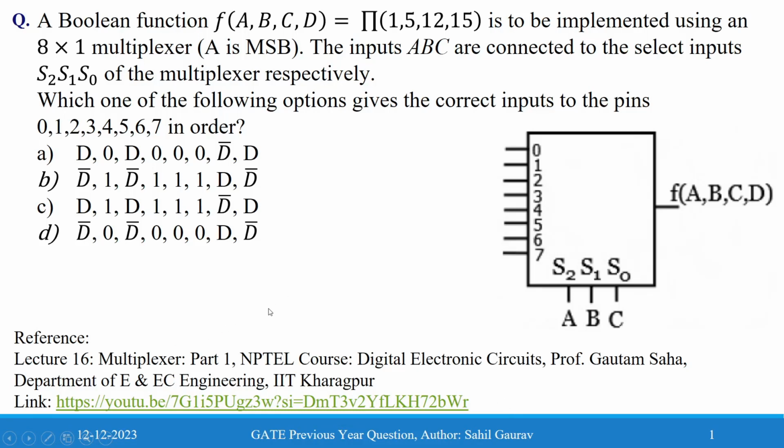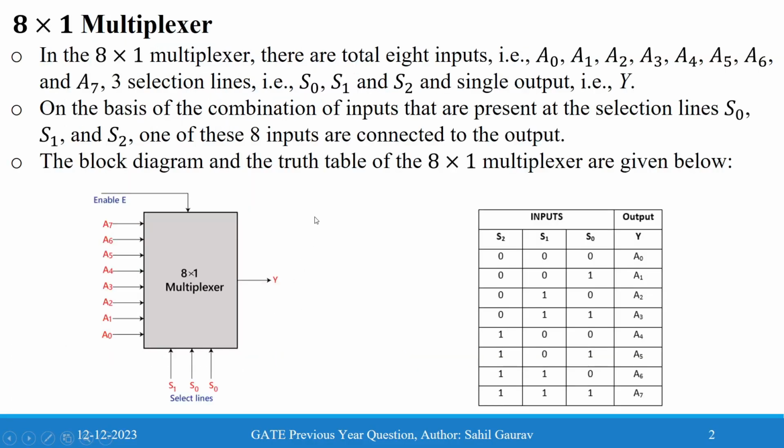Before we begin to solve this problem, let us have some quick concept about the 8x1 multiplexer. As we all know, in the 8x1 multiplexer there are a total of 8 inputs A0, A1, A2, A3, A4, A5, A6 and A7.